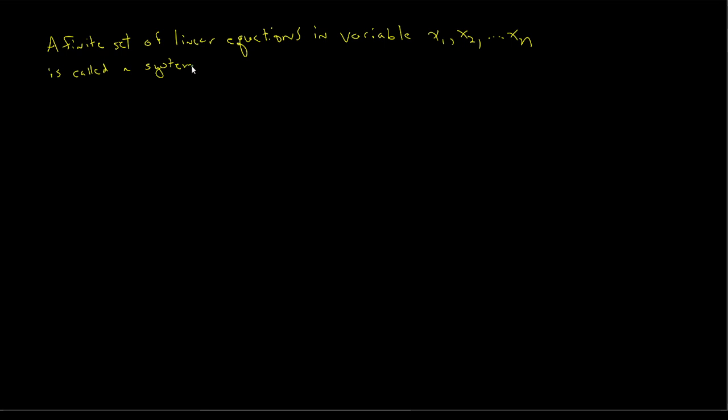So we'll start with a finite set, for now, of linear equations in variables x1, x2, all the way up to xn is called a system of linear equations. Or, more concisely, a linear system.